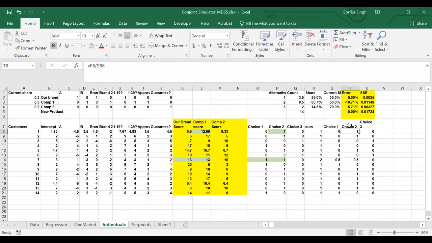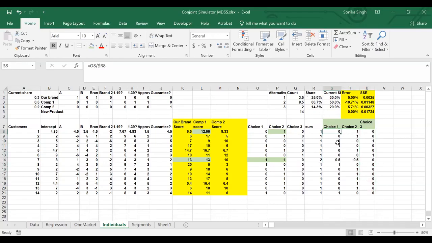Similarly, the probability of choosing option 2 is equal to the choice made for option 2 divided by the sum of total choices. That's how you create the probability table of choosing among the 3 options. Let's say the current share for our brand is 30%, for the competitor is 50%, and for the next competitor it is 20%. So these probabilities are, in other words, choices.